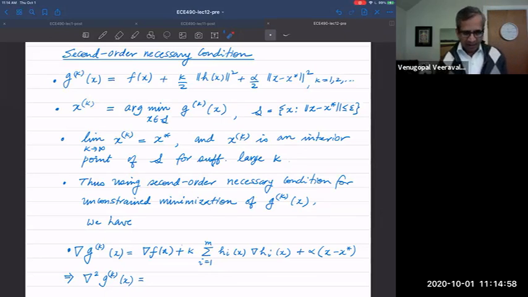We used that in establishing the first order necessary condition. But since x_k is an interior point of S, we can also apply the second order necessary condition for this unconstrained optimization of g.